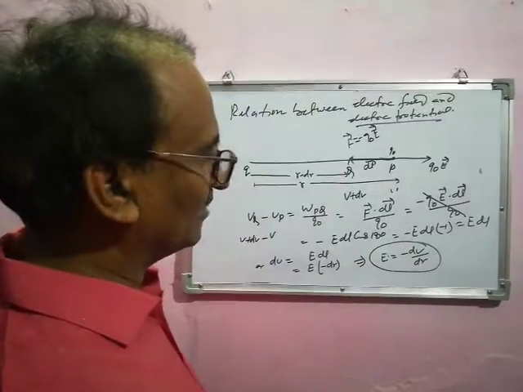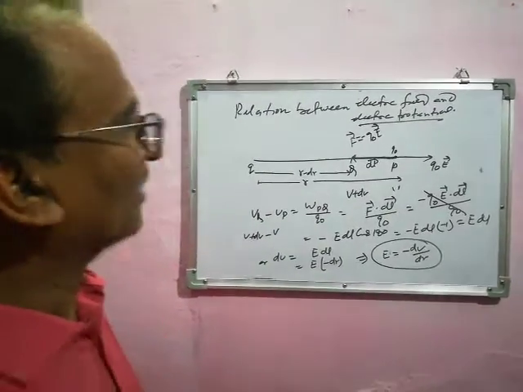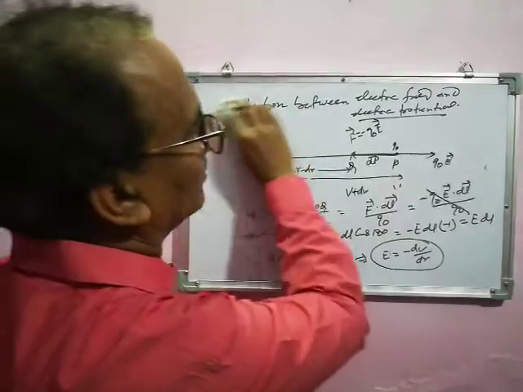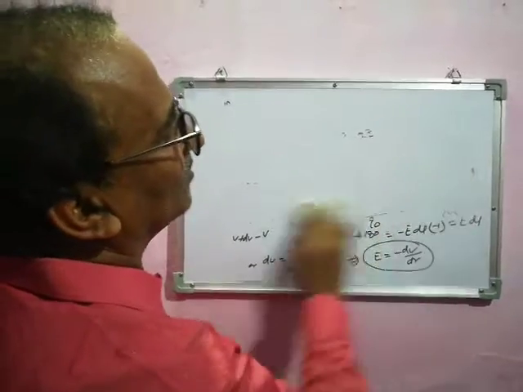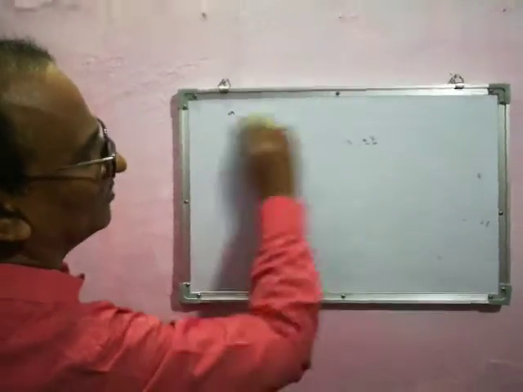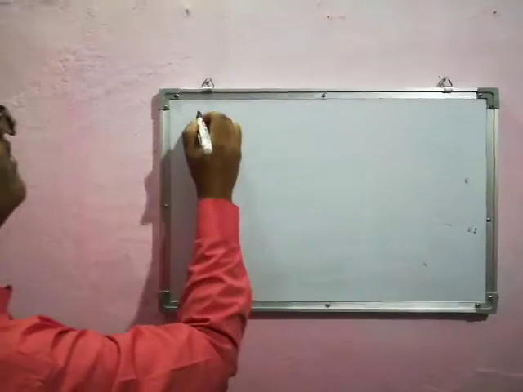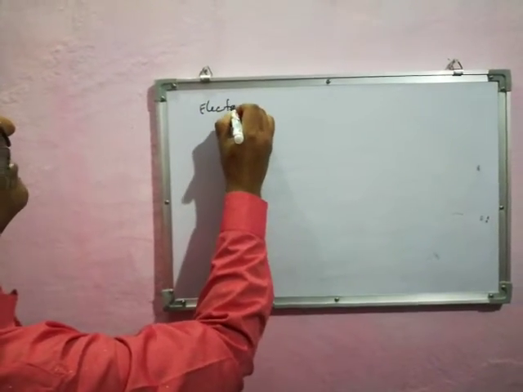Now our next topic is to deduce the expression for electric potential energy of a system of charges. So first of all, let us learn the definition of electric potential energy.